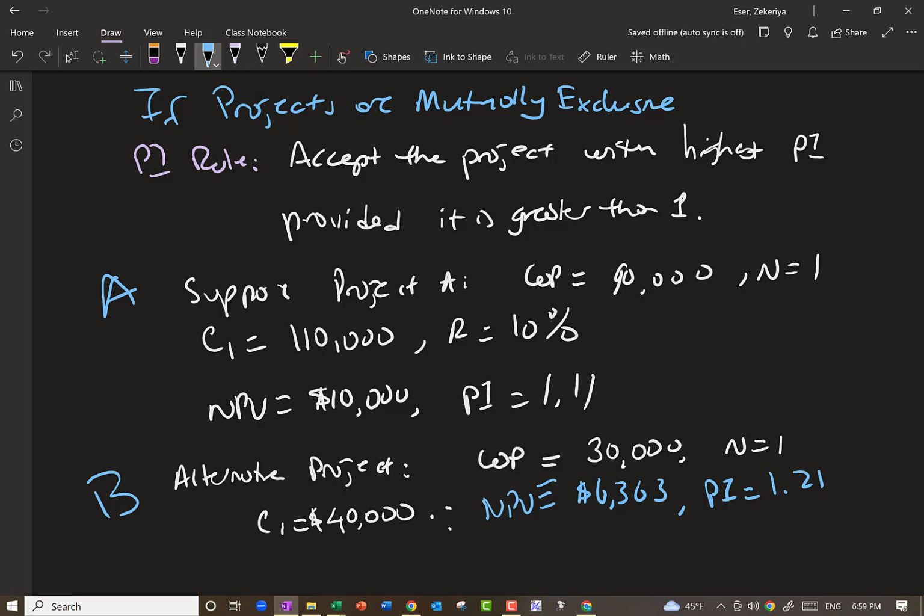According to the NPV rule, which project would I pick, if any? Let me change the colors of these things. Which project would I choose using the NPV rule, A or B?